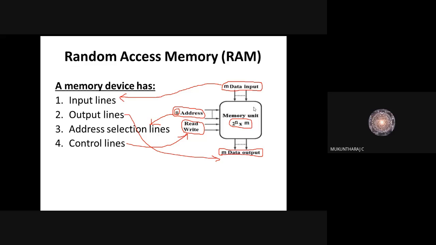So for example, I'm having an input data which is 8-bit. Similarly, you will get output data as 8-bit. Then here I'm defining the address lines, which is equal to 3. That means the n value is 3 and the m value is 8.